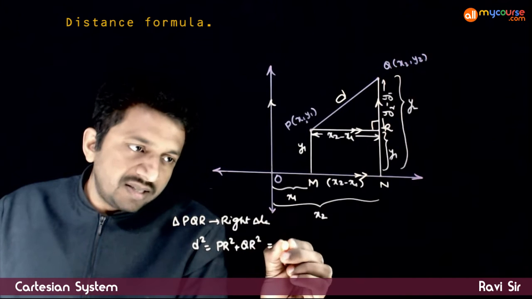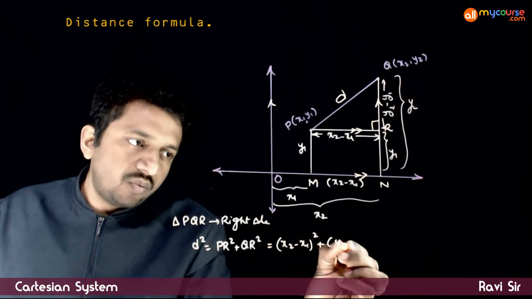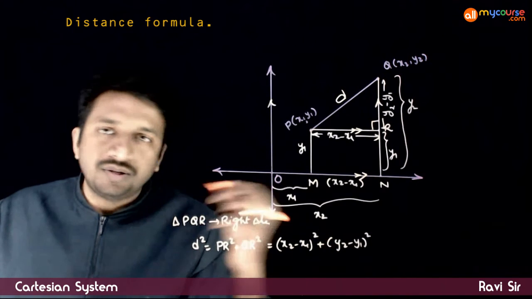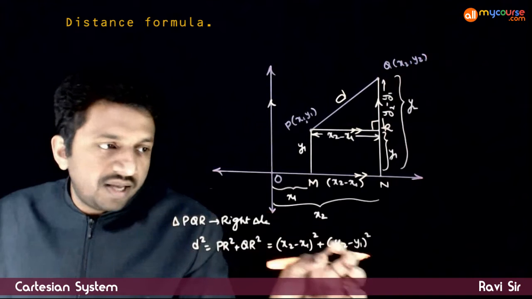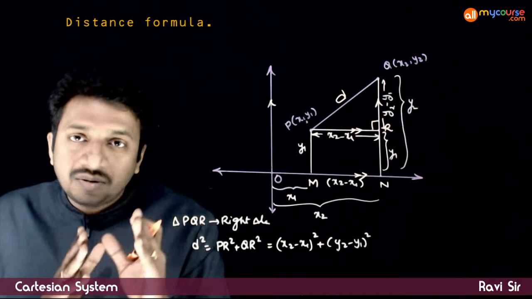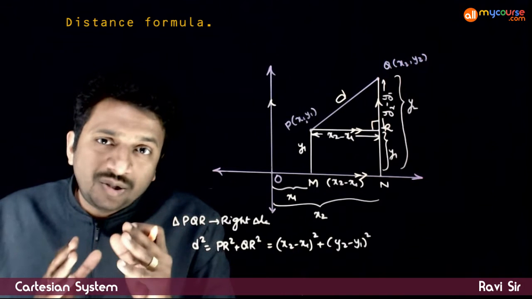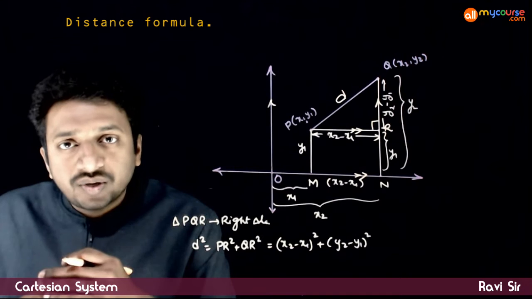So d square is equal to x2 minus x1 whole square plus y2 minus y1 whole square. That is the difference between the x coordinates whole square plus difference between the y coordinates whole square.